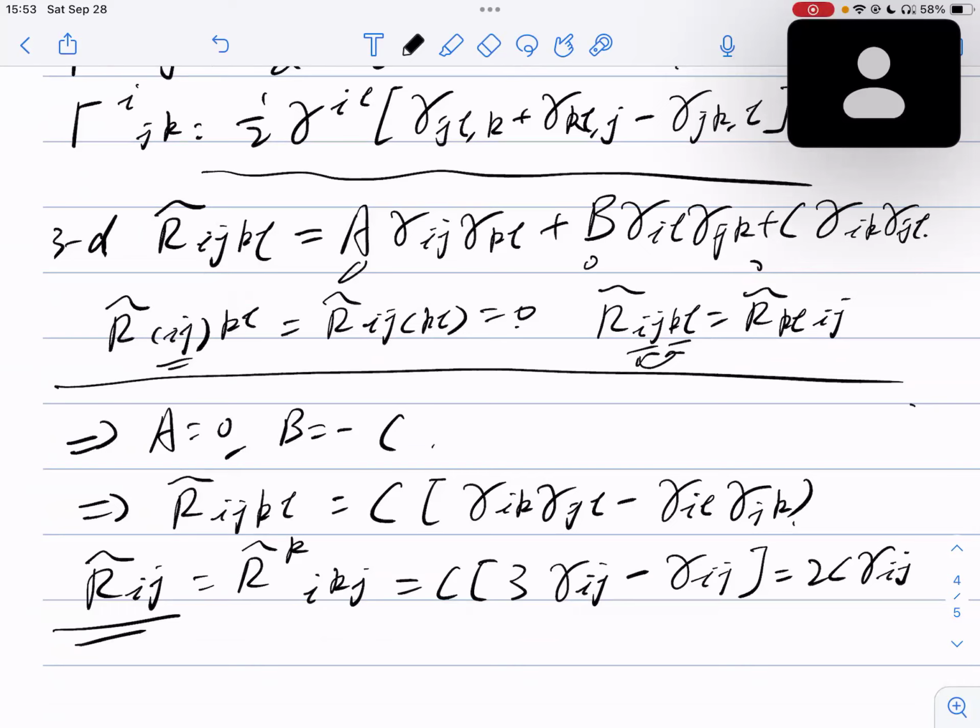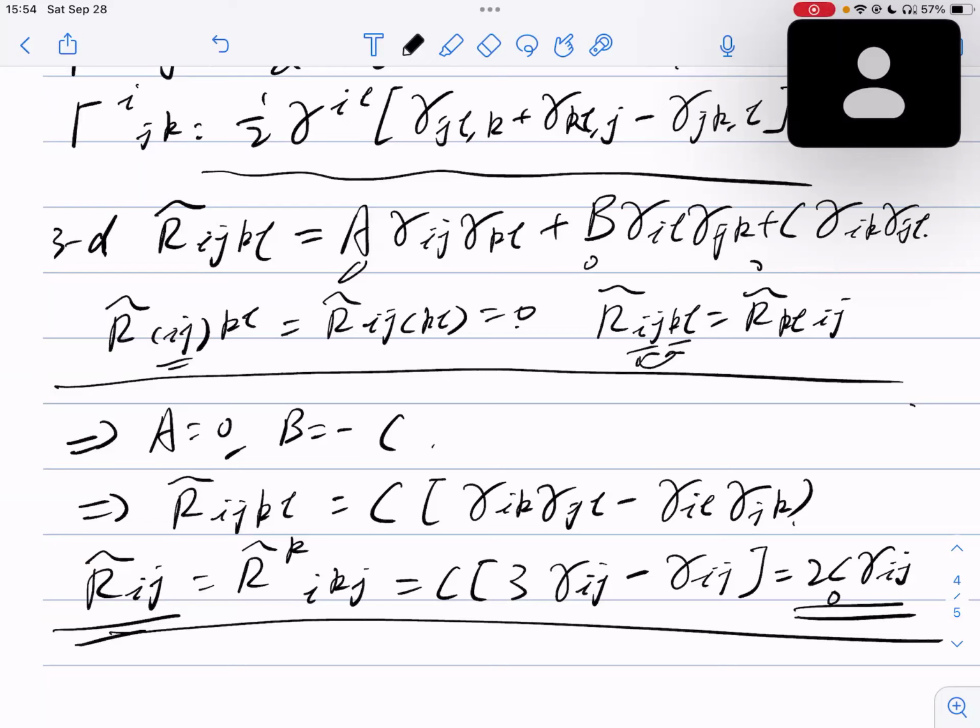simple expression of this Ricci tensor in three-dimensional space with respect to the three-dimensional spatial metric, with just a coefficient C. Now, because we know the space is homogeneous, this relation holds anywhere in this space, so we can choose one particular point, derive the relation between the Rij and gamma ij, find out this C, and it will be valid in the whole space.